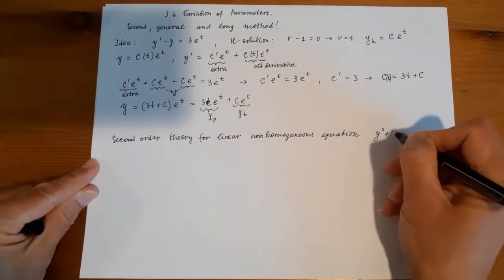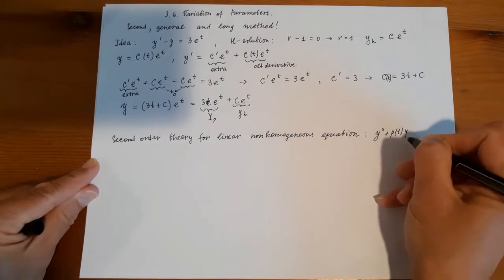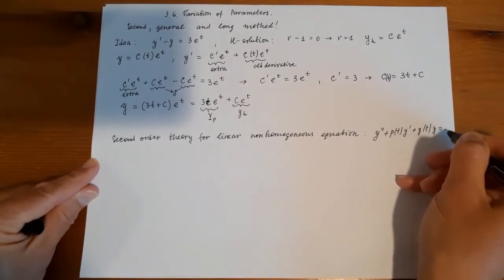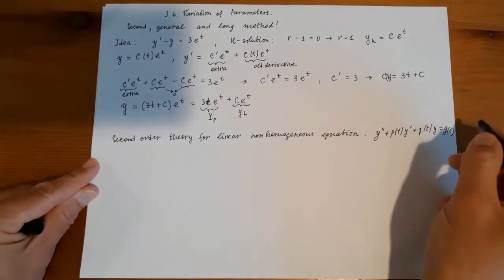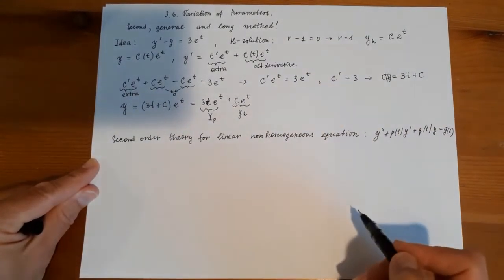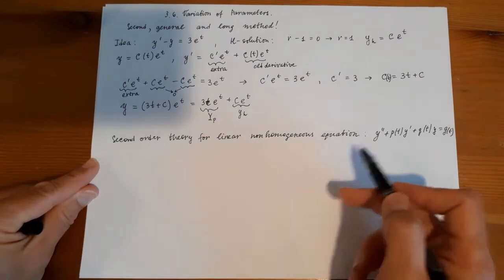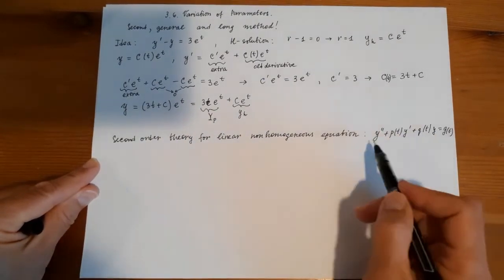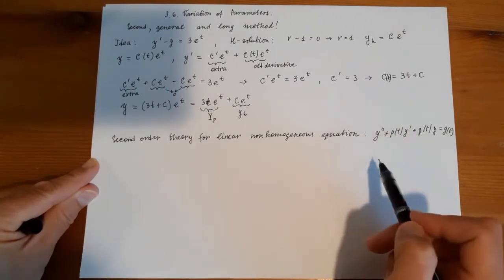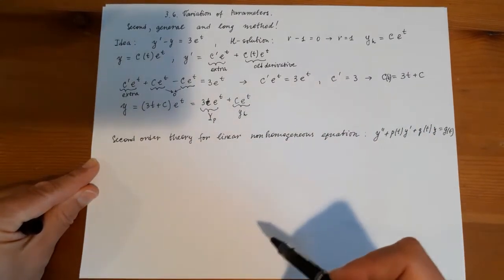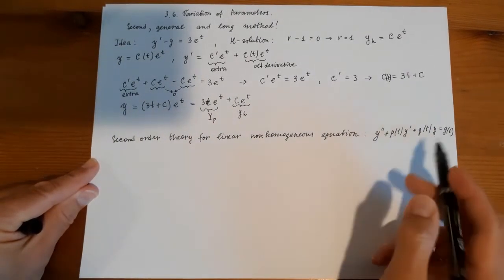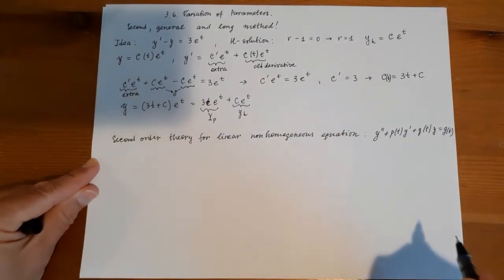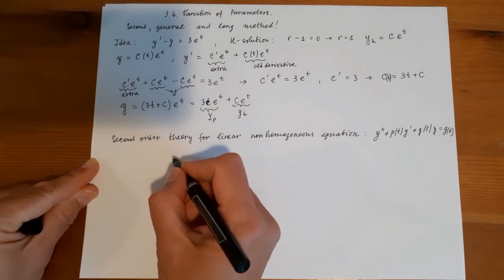Second derivative plus p of t times first derivative plus q of t times the function equals g of t. This is my second order non-homogeneous equation. General, not with constant coefficients, but with some changeable coefficients. This method is going to be applied to this equation too, not only to the simplified version which has constant coefficients. Okay?